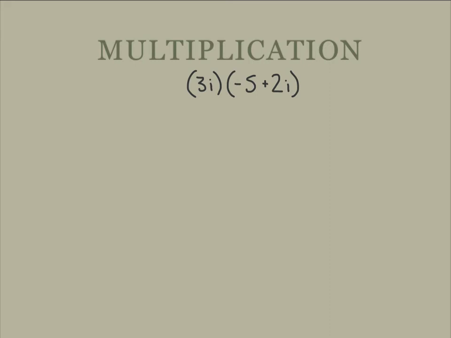So all we have to do is distribute that 3i to both things on the inside. So what's 3i times negative 5? Negative 15i. Perfect.